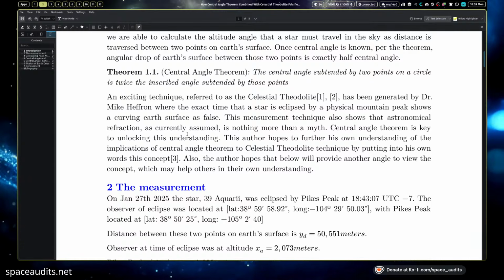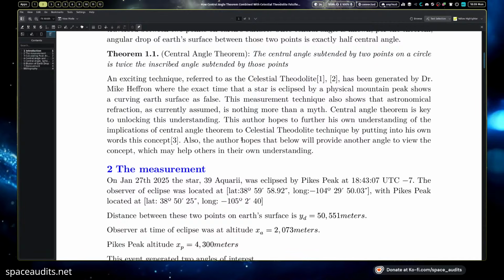Central angle theorem is key to unlocking this understanding. This author hopes to further his own understanding of the implications of the central angle theorem to the celestial theodolite technique by putting this concept in his own words. The author hopes that the below will provide another angle to view the concept, which may help others in their understanding.